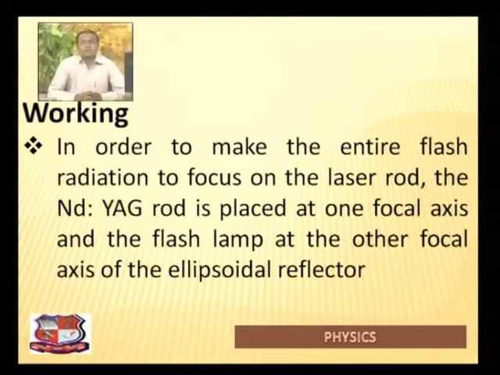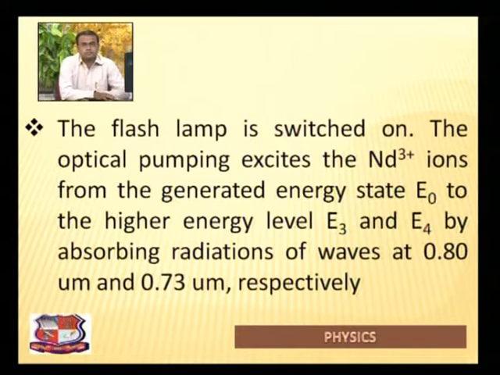How does it work? In order to make the entire flash radiation focus on the laser rod, the Nd-YAG rod is placed at one focal axis and the flash lamp at the other focal axis of the ellipsoidal reflector. When the flash lamp is switched on, the Nd3+ ions are raised from the ground state E0.